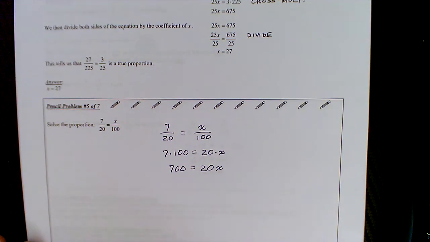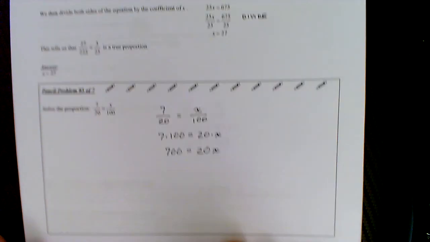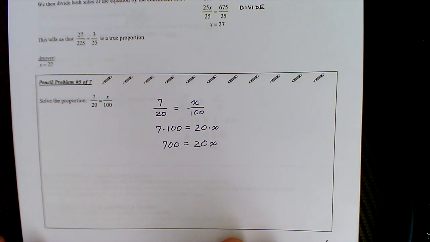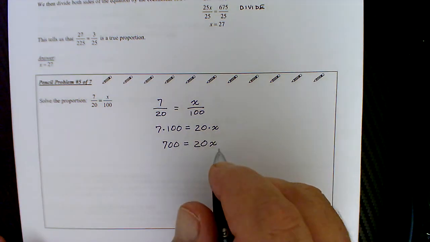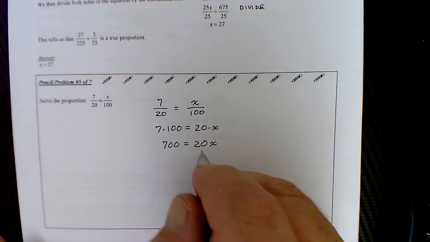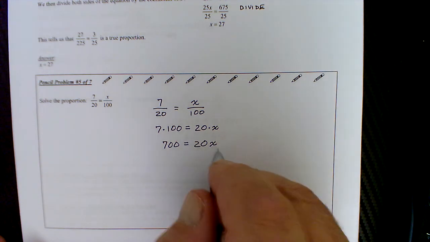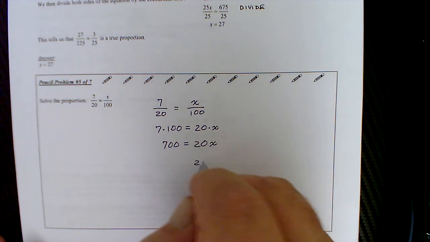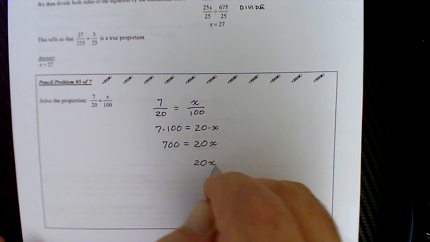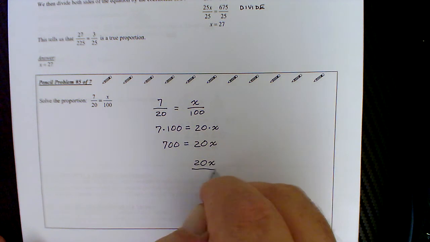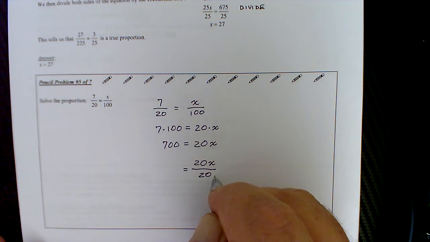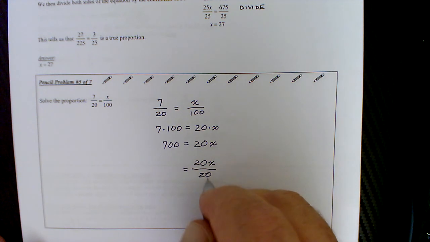So equaling 20x. And at that point, we need to divide, so it's just a two-step process, cross multiply and divide. And we always divide by the coefficient of x, or the number in front of the letter. So here, we're going to divide by 20. So I like to rewrite it, 20x over 20. Never write the x down here, you're only dividing by the number in front of the x.